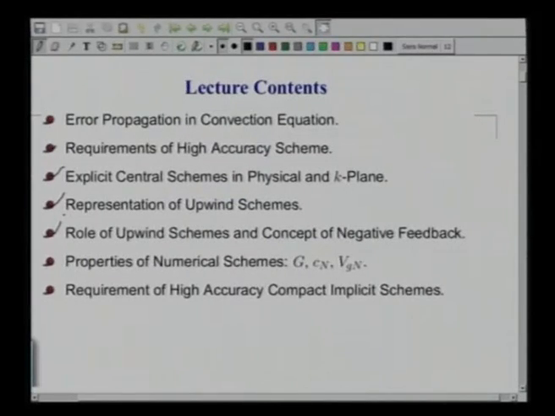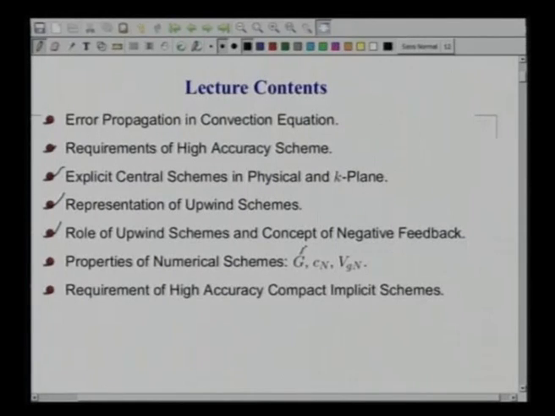Next job in our view would be to really obtain the properties of numerical schemes, and in talking about the properties, we will be talking about the same three quantities that we talked about in the earlier lecture. The first thing is the numerical amplification factor, its magnitude, that we need to know to ascertain whether the system is stable or not.